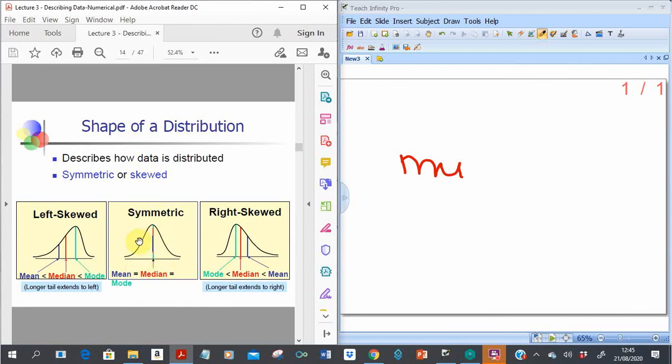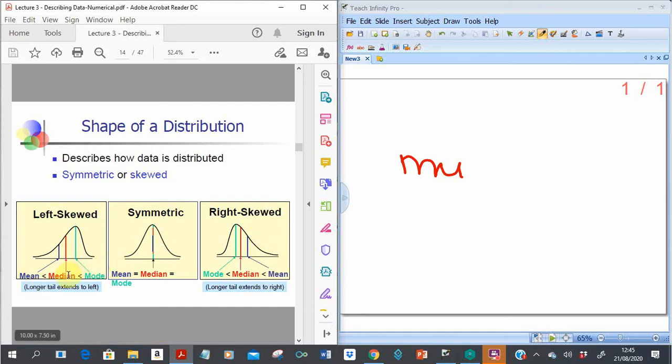But if it is evenly distributed, the size on the left is equal to the size on the right, then it is symmetric. And if there are a lot of big values on the right and very few values on the left, then the tail will extend to the right and your data set will be right skewed.